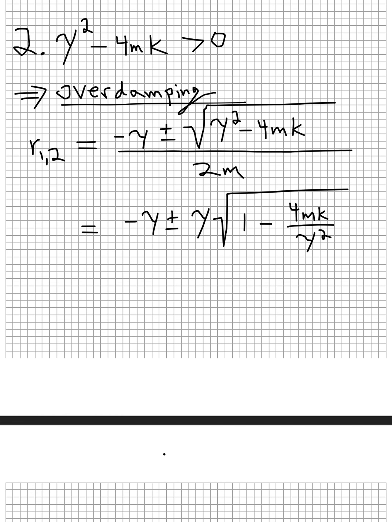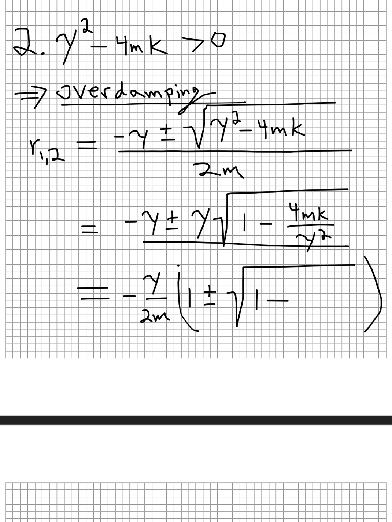Okay. And so this will then equal, and this is the most important equation out of the bunch, negative gamma over 2m, multiplied by 1 plus or minus the square root of 1 minus, forgot to mention this was all divided by 2m up above.